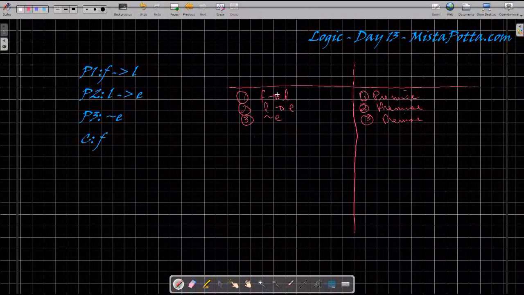And I'm going to go ahead and put statements 1 and 2 together because that's a hypothetical syllogism situation. So F conditional L with L conditional E. This is the conjunction of 1 and 2. And that should give me F conditional E by using hypothetical syllogism.